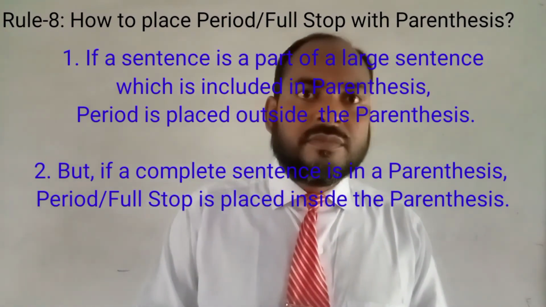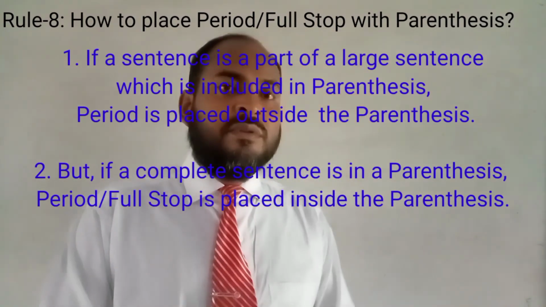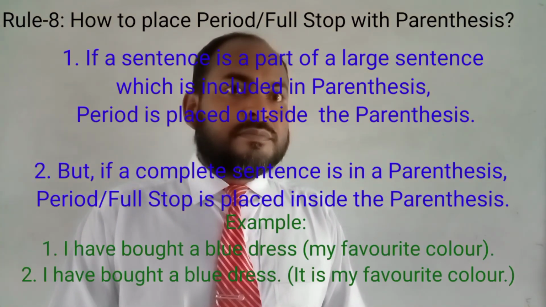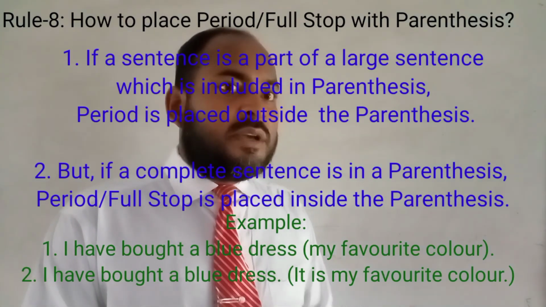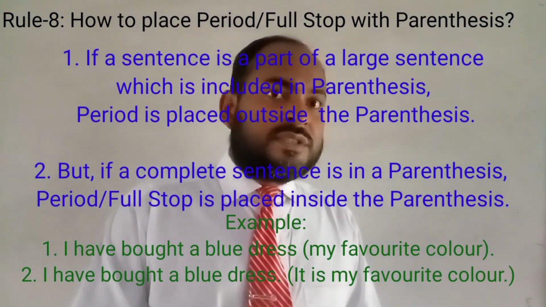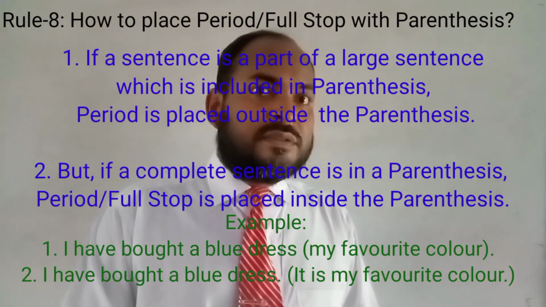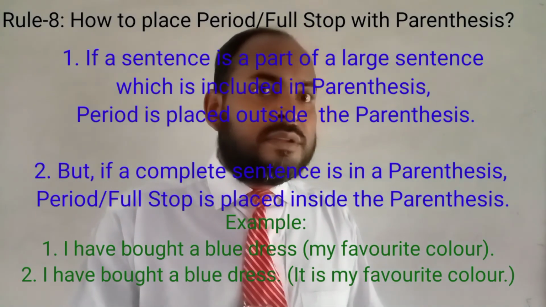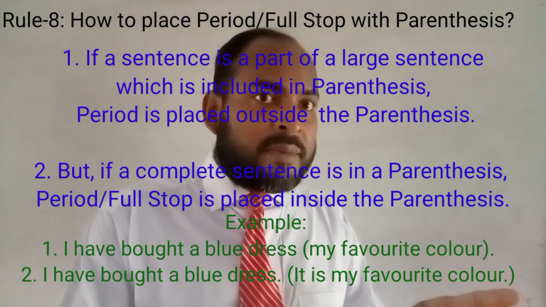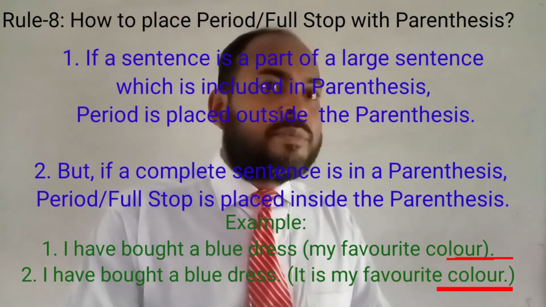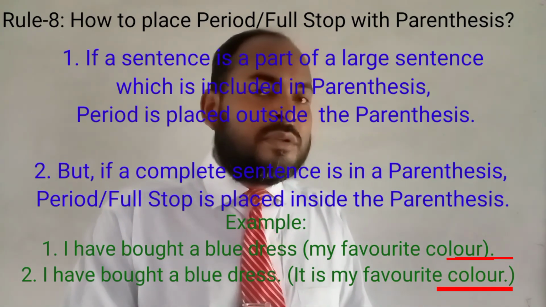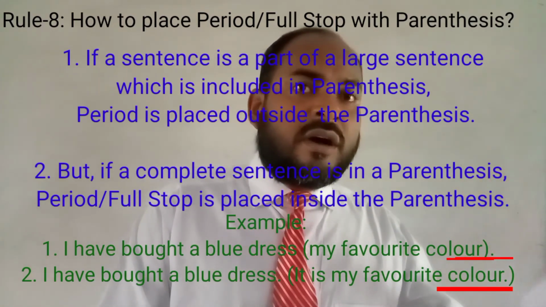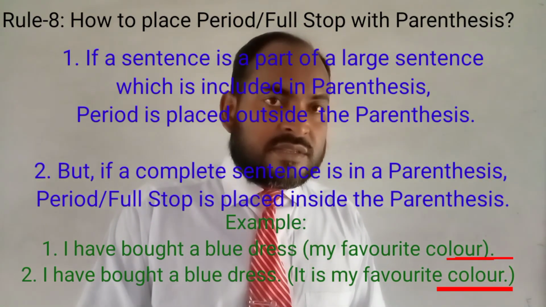Now see the example. My dear learners, I have bought a blue dress (my favorite dress). Within parenthesis, my favorite dress. So full stop or period is placed outside the parenthesis.